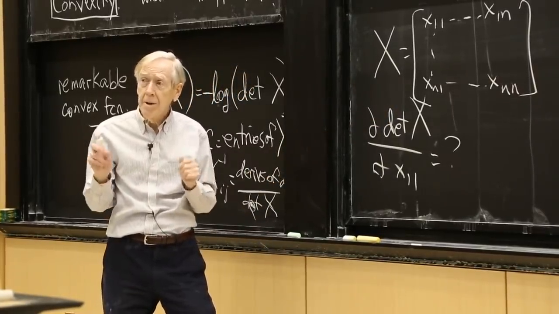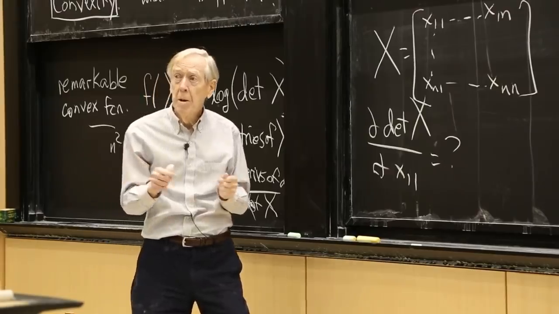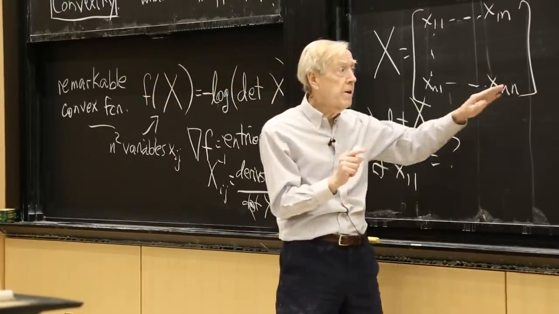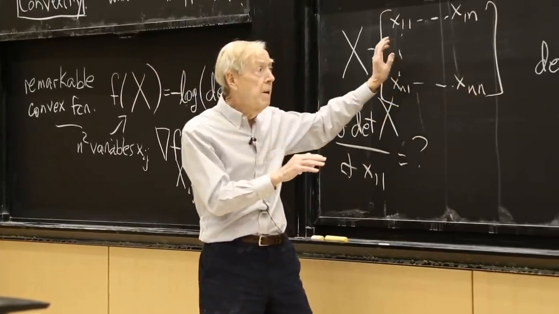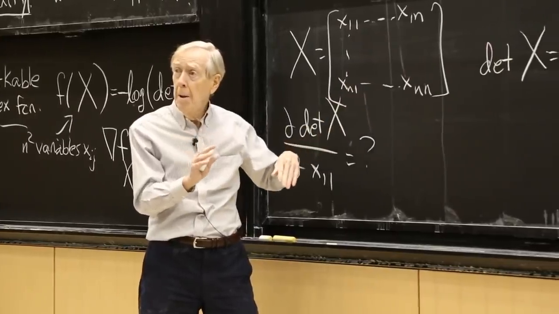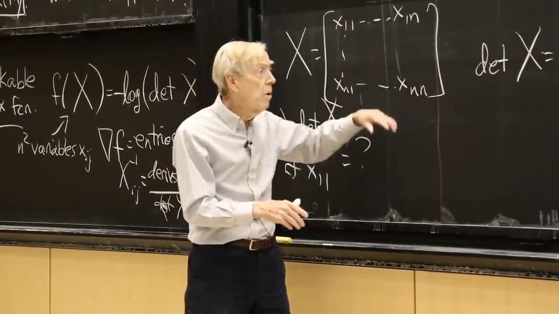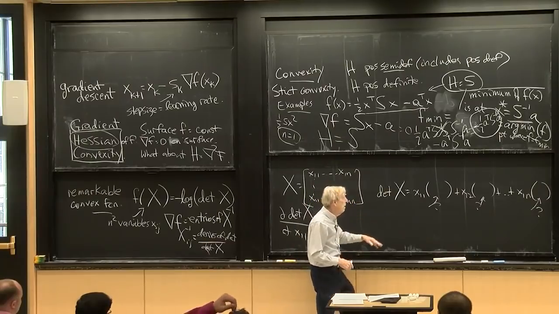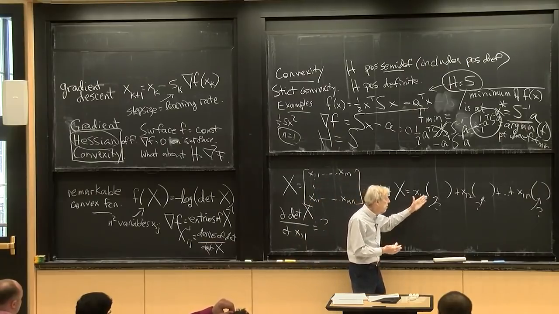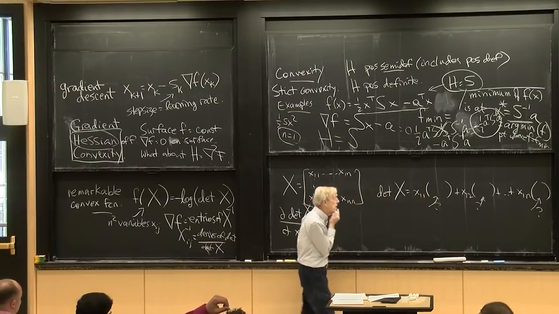And how do I know that there will be such factors? Because the fundamental property of the determinant is that it's linear in row 1. If I don't mess with other rows, it's a linear function of row 1. So it has the form x11 times something. And what is that something?